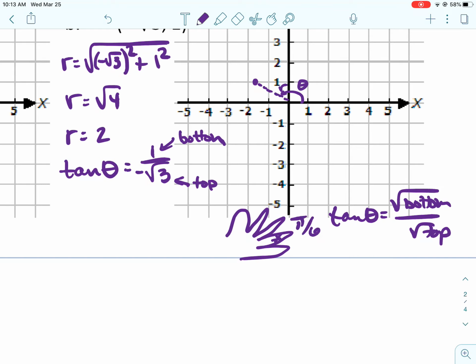So it looks like this is our winner. It's the pi over 6 finger.